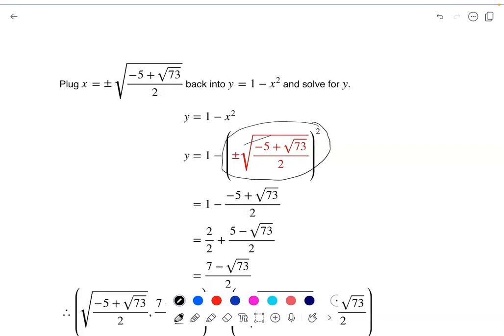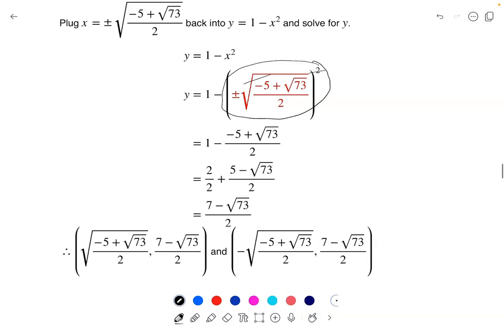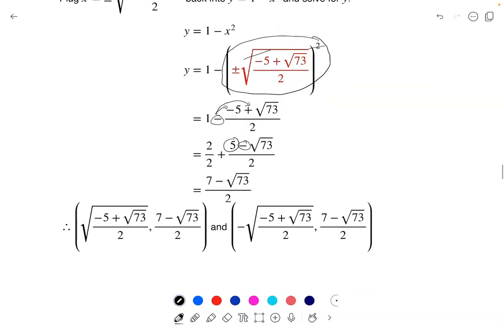When I square that, the square root symbol goes away, and I'm only left with the radicand. Then I have fractions, so I'm going to get common denominators. I'm going to distribute this negative, so a negative of -5 is positive 5, and a negative of positive square root 73 is negative square root 73. I got my common denominators, and when I add the numerators, we keep these denominators.